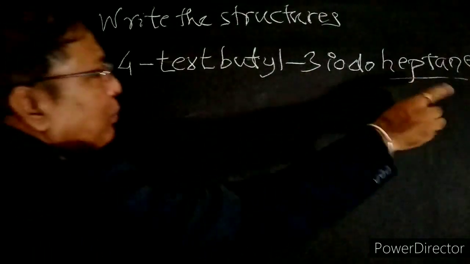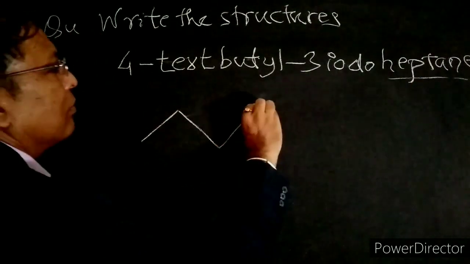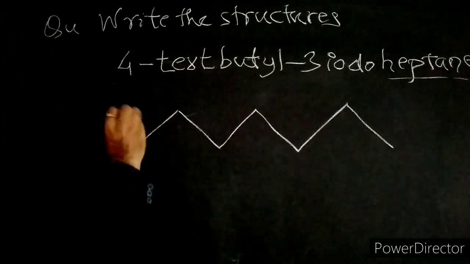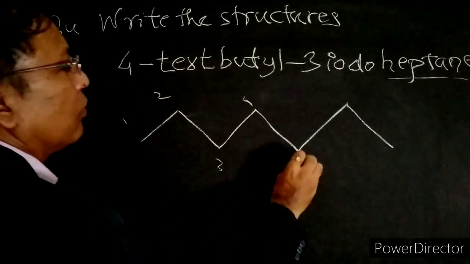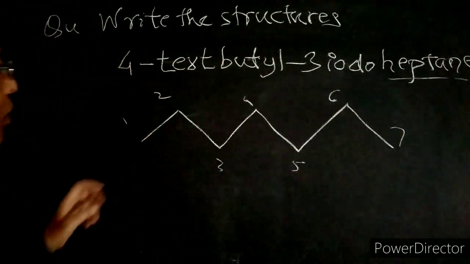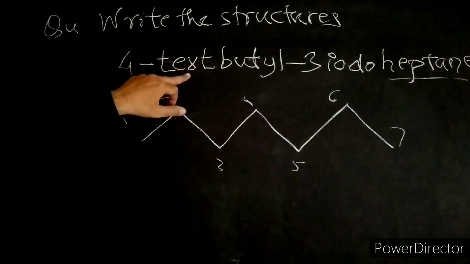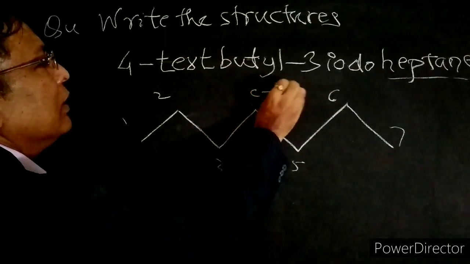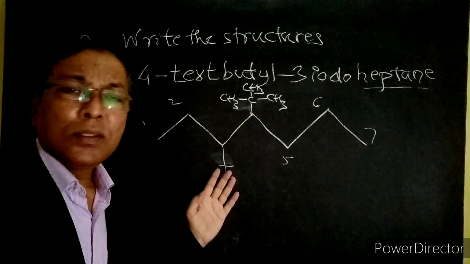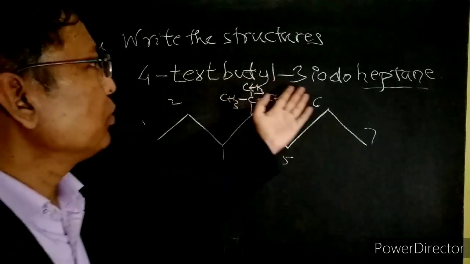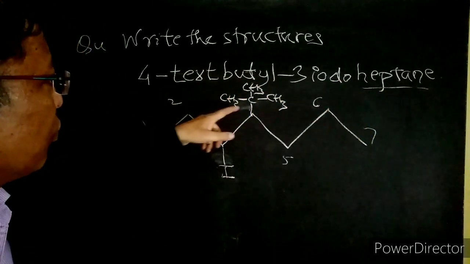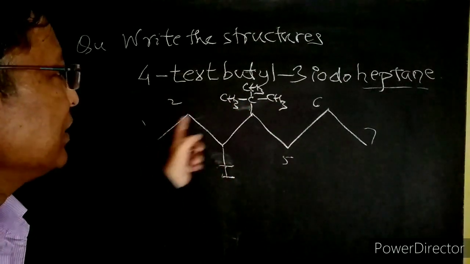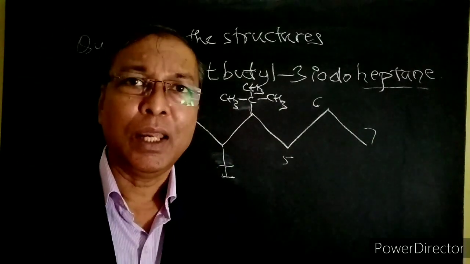So there are 7 carbon atoms in heptane, 1, 2, 3, 4, 5, 6, 7. Now on the fourth carbon atom, there is a tertiary butyl. Tertiary butyl means what? This is the structure of 4-tertiary butyl 3-iodoheptane. On the fourth carbon atom, the tertiary butyl group is there, on the third carbon atom iodine is present, and there are 7 carbon atoms. Therefore, this is heptane.